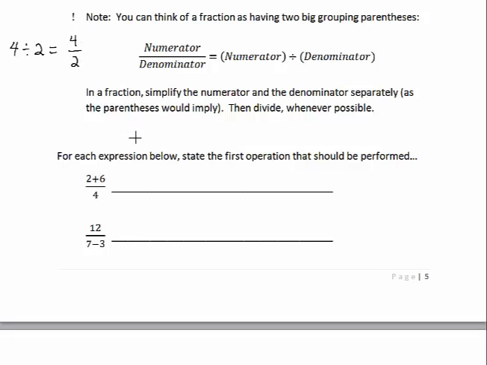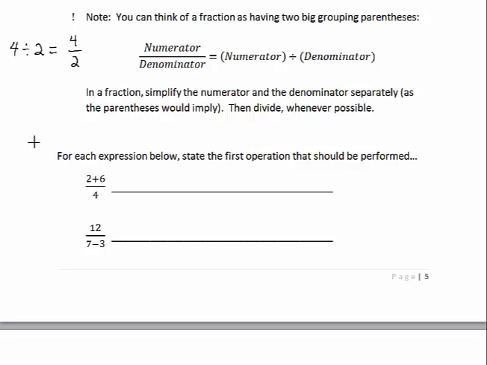In this case, we don't do division in the proper order in terms of multiplication and division before addition and subtraction. When we have a big fraction bar, we save that division for last.